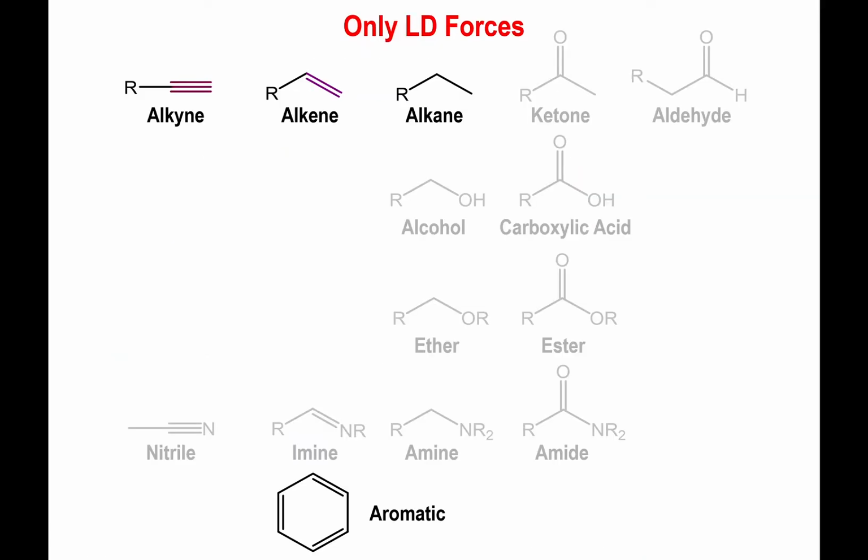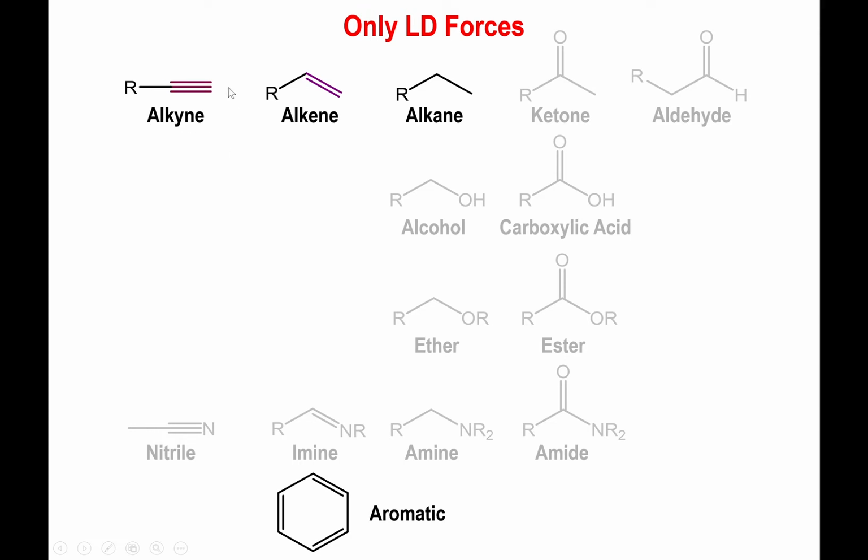So let's take a look at the functional groups and try to assess what they have in terms of molecular forces. We're going to look at this from the point of view of molecular weights being roughly the same, so roughly the same number of carbons or the same number of second row elements within a molecule or family of molecules.